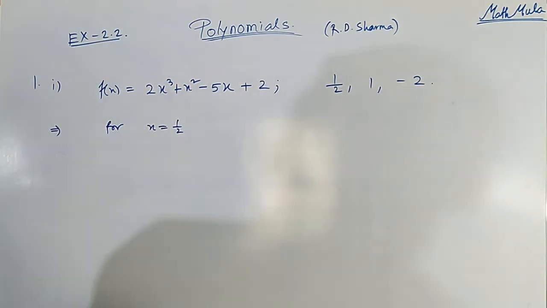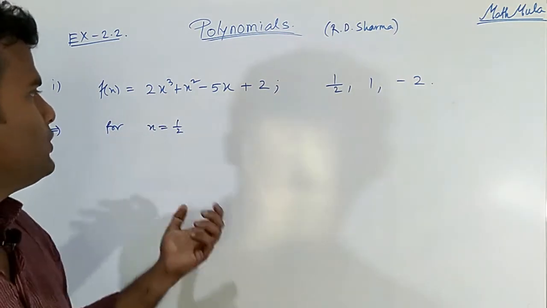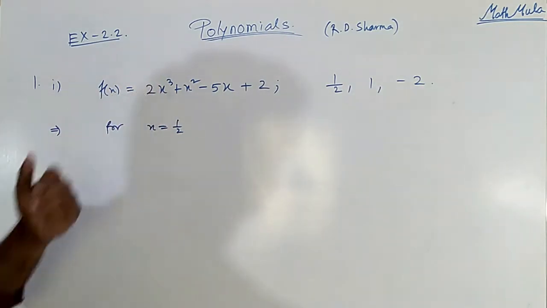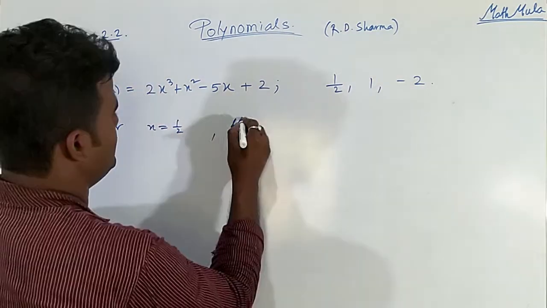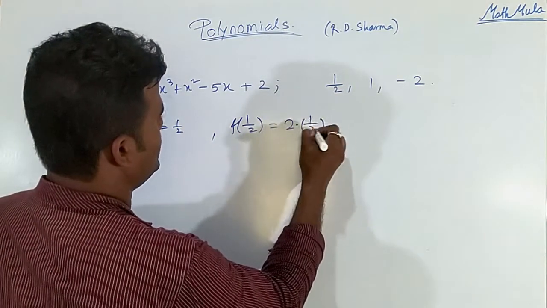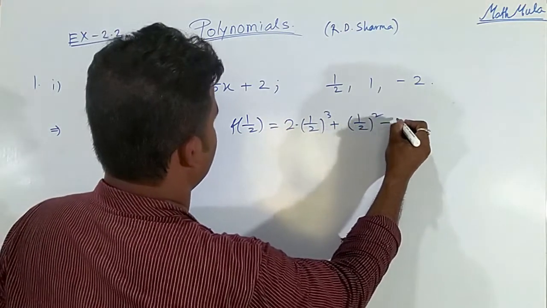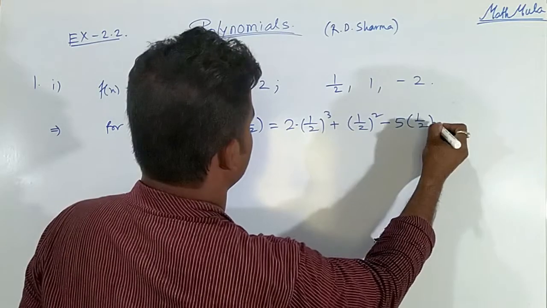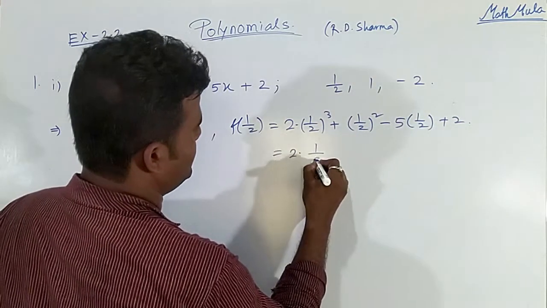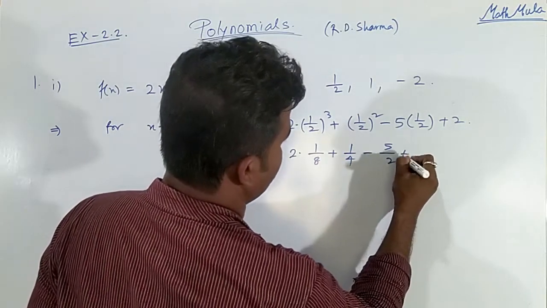Now if the given values of x are zeros of this polynomial, that means if we put this value in this polynomial, then the value of the polynomial will be 0. Now check it. f(1/2) = 2(1/2)³ + (1/2)² − 5(1/2) + 2. This equals 2 × 1/8 + 1/4 − 5/2 + 2.